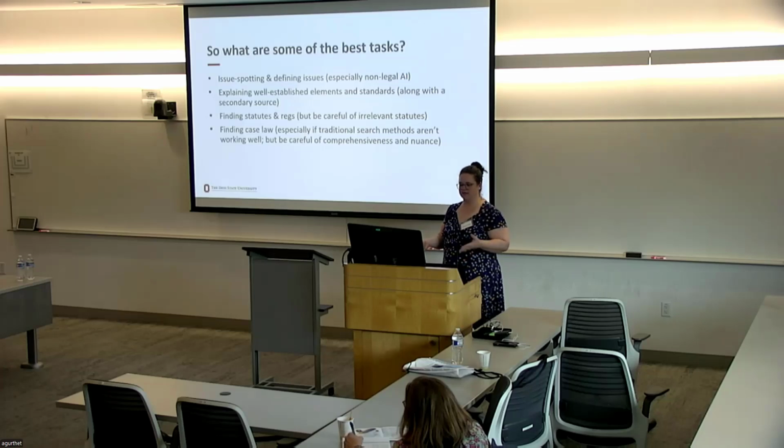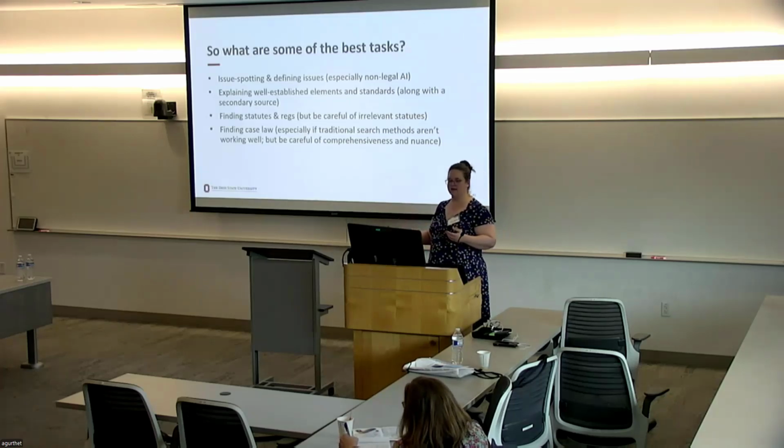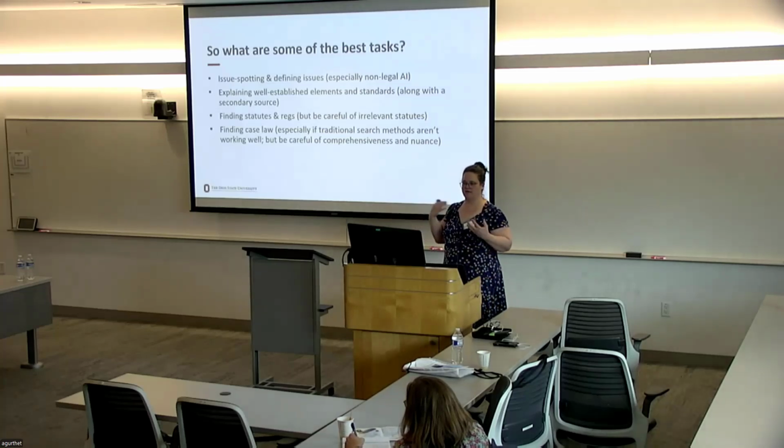Explaining well-established elements and standards. If you have a secondary source available, you still want to take a look at it, but AI can lead you to that and can help you get those in your head.